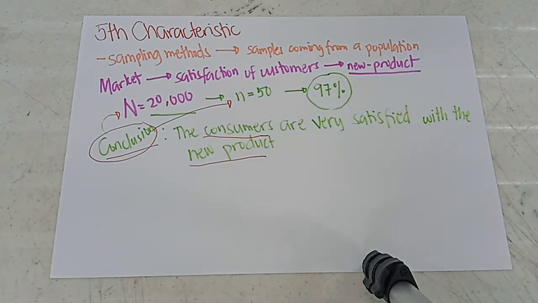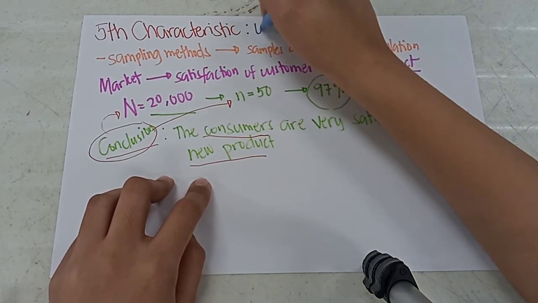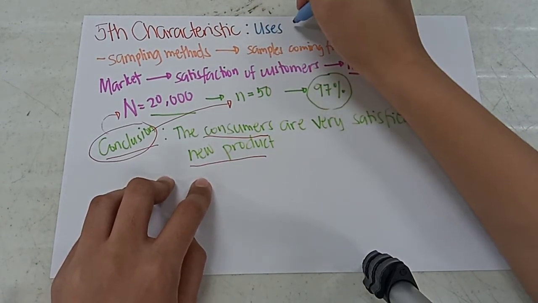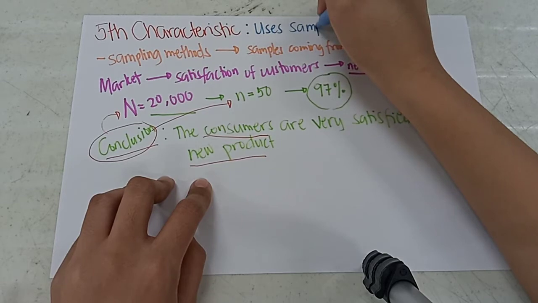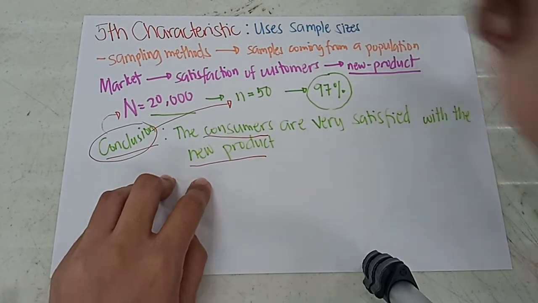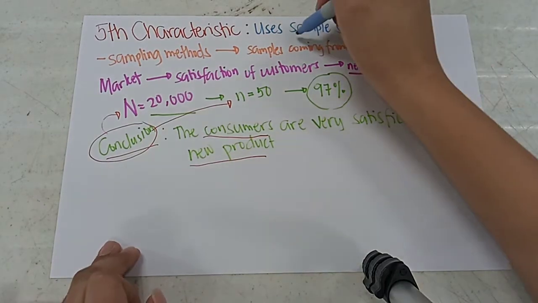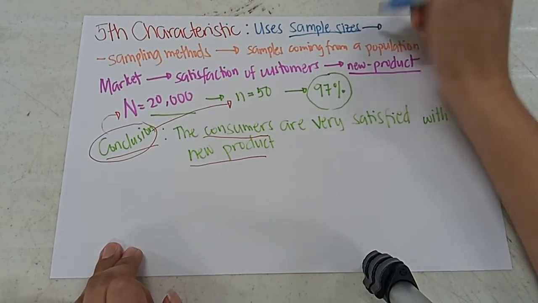So the fifth characteristic of quantitative research is that it uses sample sizes. And did you know that these sample sizes can be manipulated?